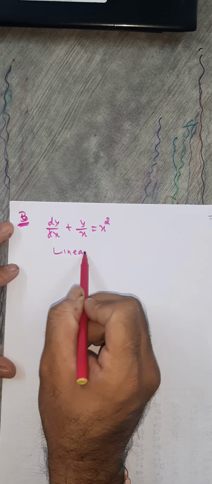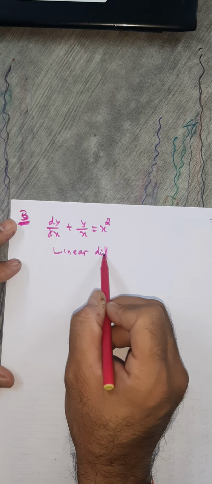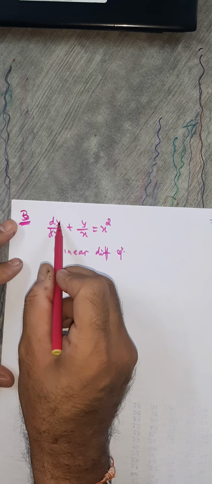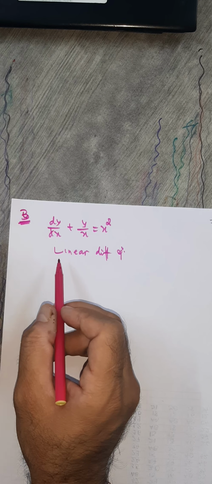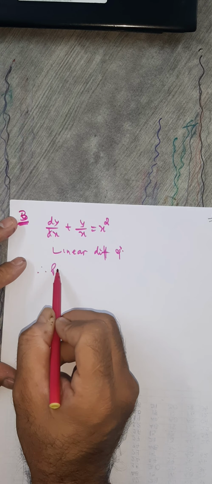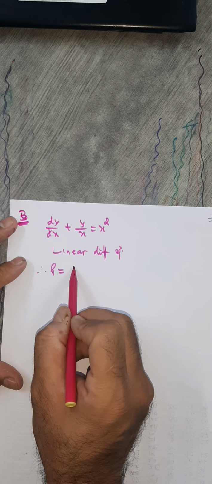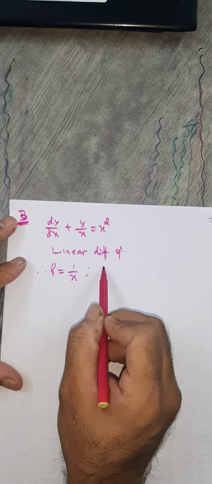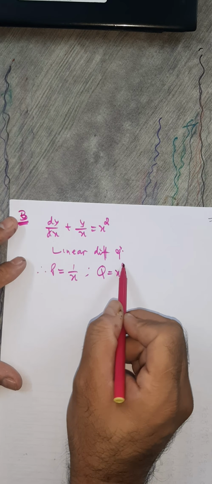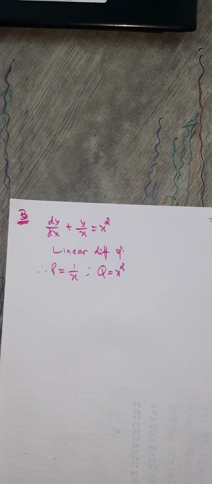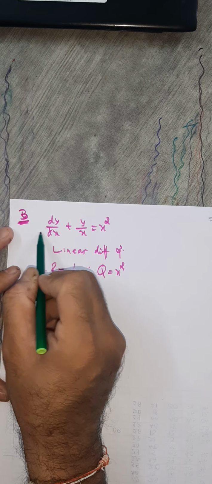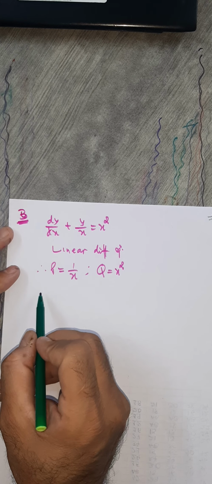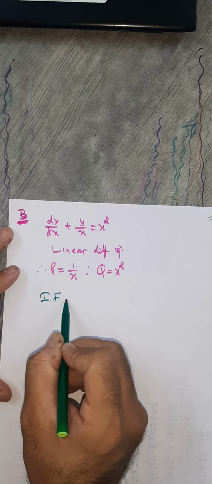Remember, linear differential equation. देखो y का exponent 1 ही है and y and dy by dx are not in product. What is p? Coefficient of y, 1 by x. What is q? That is x squared. Expression on the right hand side. What you need to keep in your mind, dy by dx का coefficient 1 ही होना चाहिए, otherwise आपका p and q wrong आएगा.